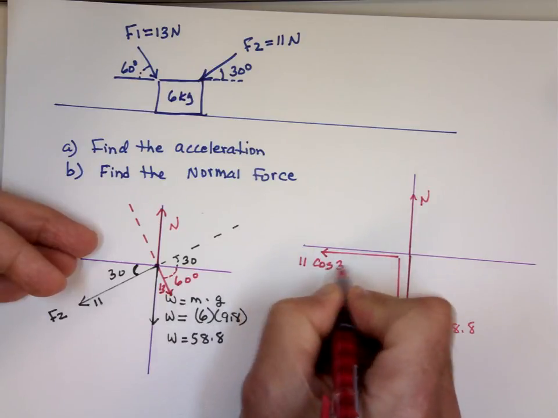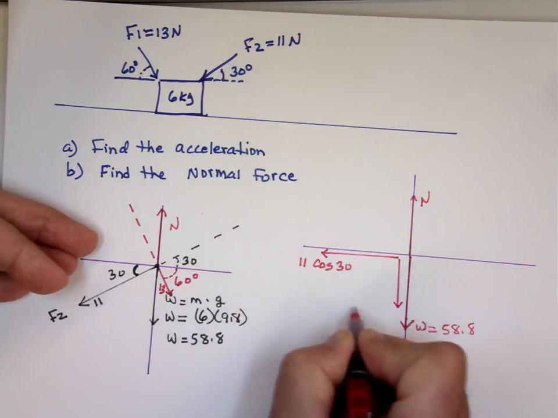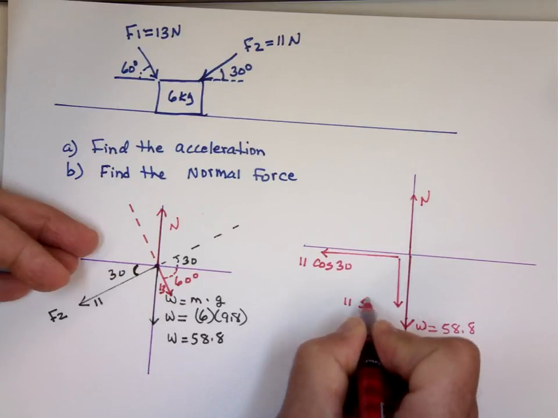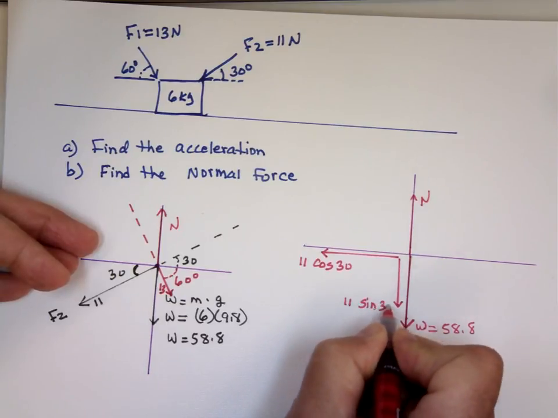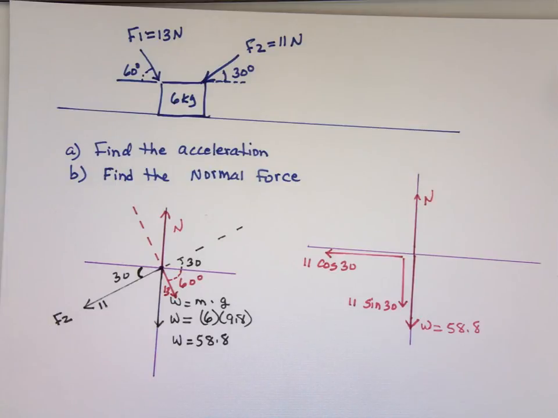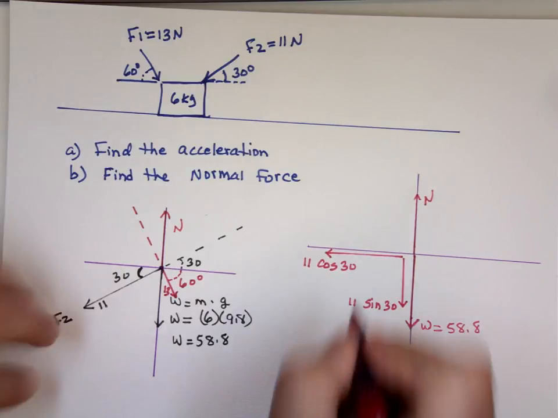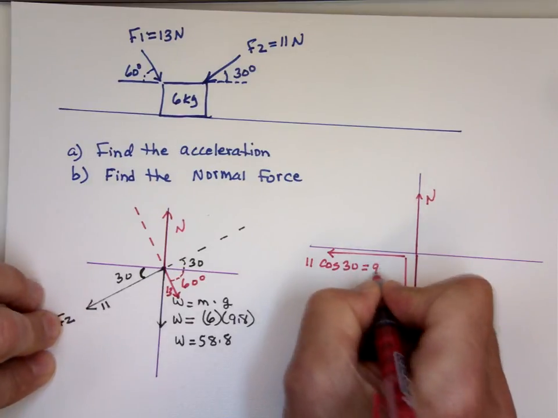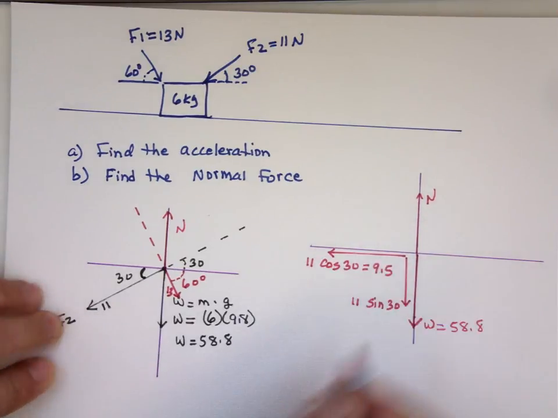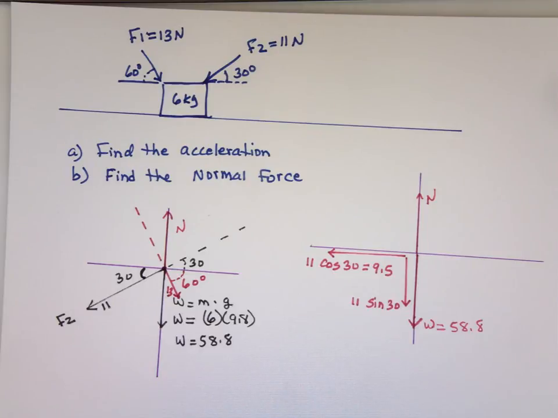And this is 11 sine 30. So let's use our calculator. 11 cosine of 30 is 9.5. And in the y direction, 11 sine of 30 should be 5.5.